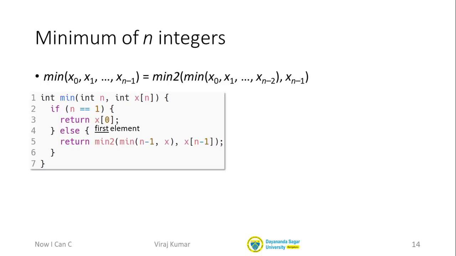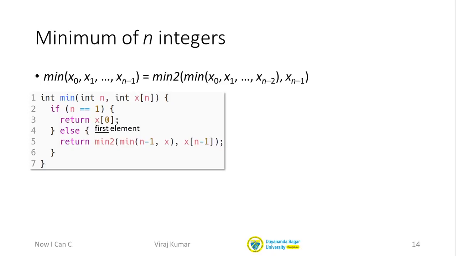Otherwise, we're saying that we have more than one element. In that case, we're going to use this inductive definition and return the min2 of min n minus 1 comma x. So we're saying take the same array x.